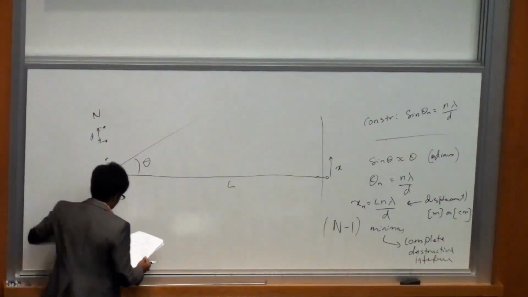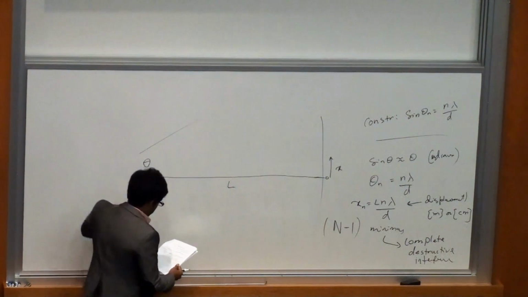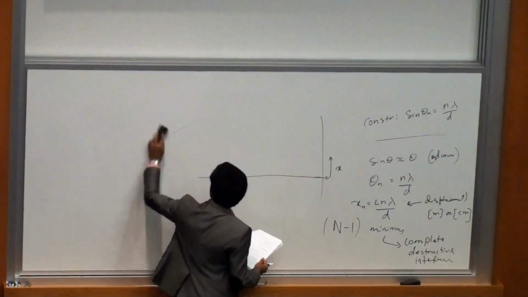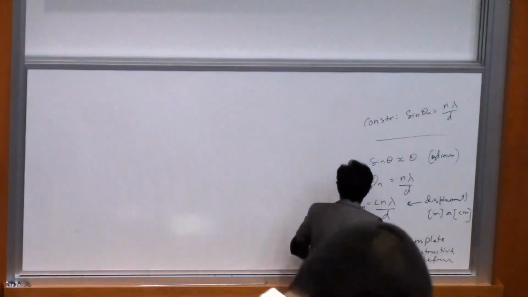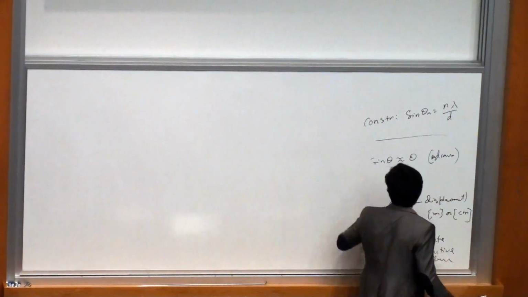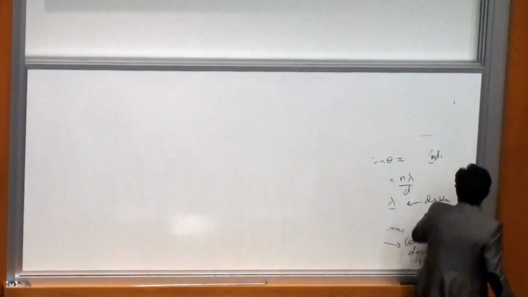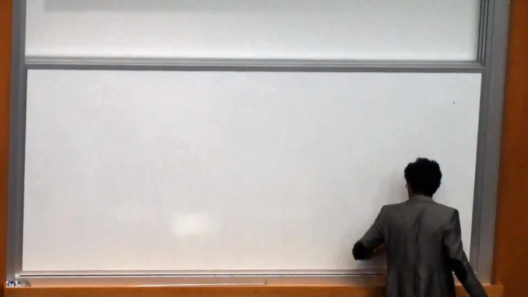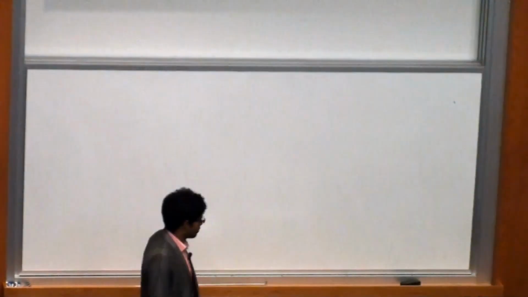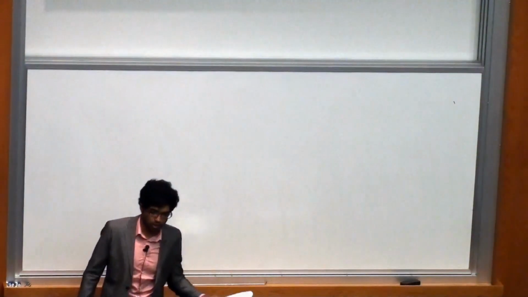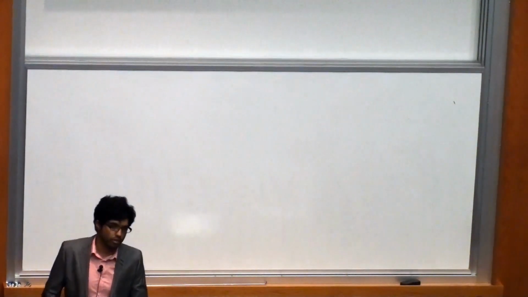Even if you only have 1 slit, there will be directions in space where light plus light will produce darkness and light plus light will produce more light. So there'll be directions where the light interferes constructively, and points where the light interferes destructively.